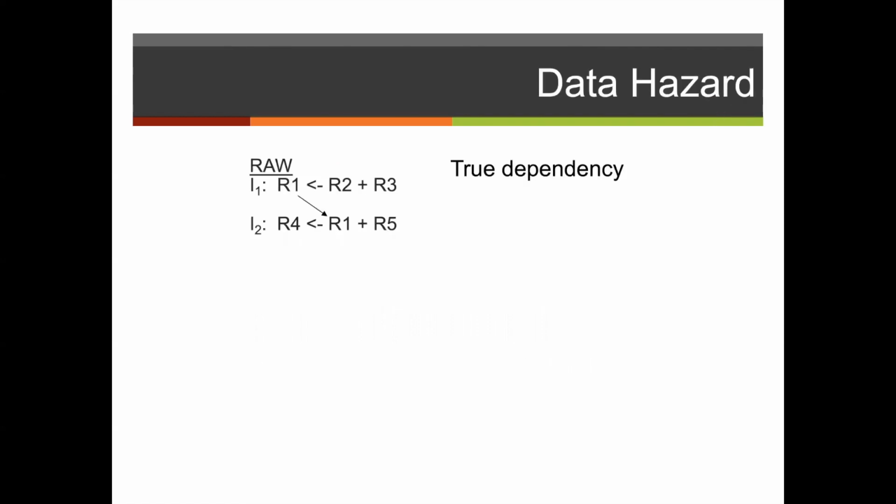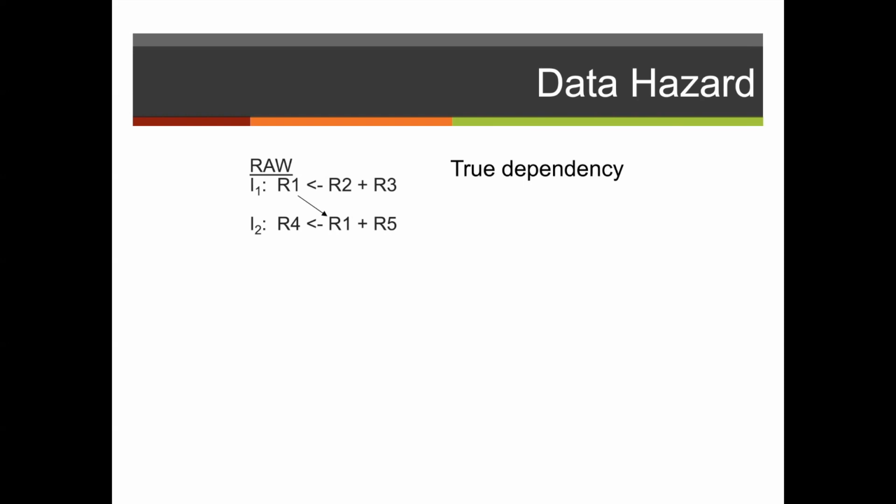We also have a hazard called a data hazard. And a data hazard can occur when you have a data dependency that exists between successive instructions. And so here we have two instructions, instruction 1 and instruction 2.